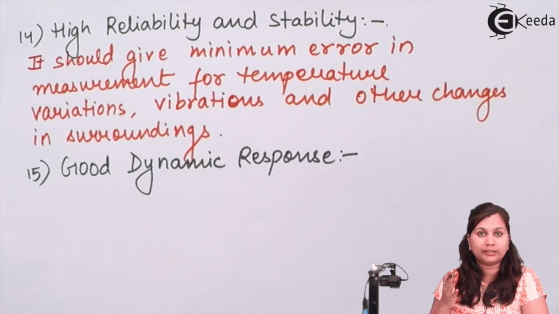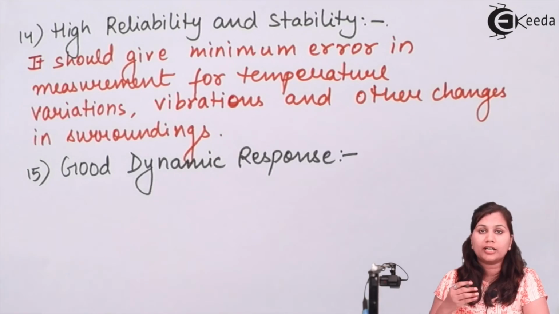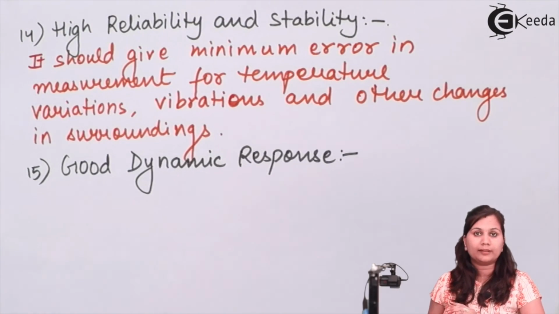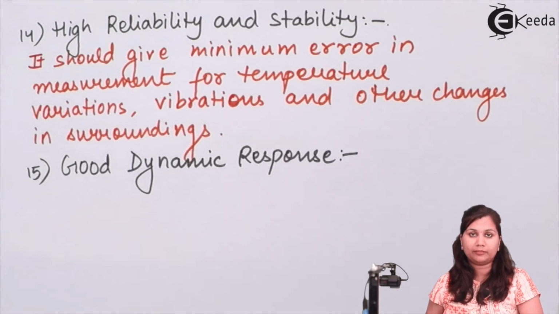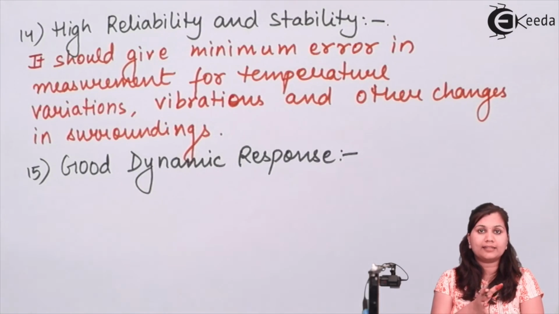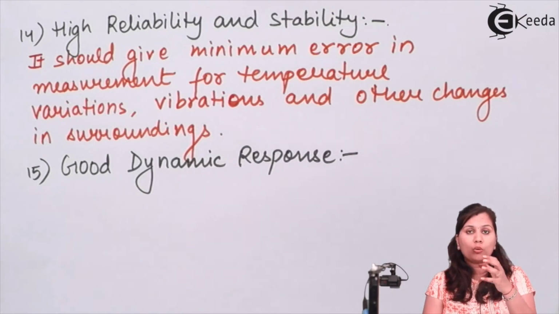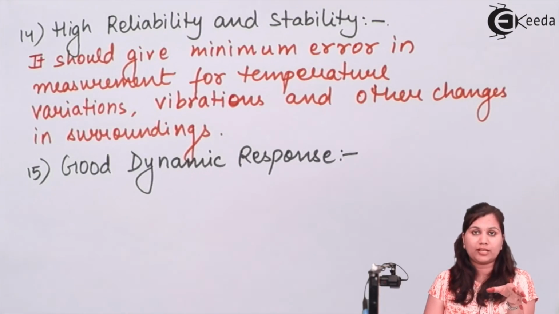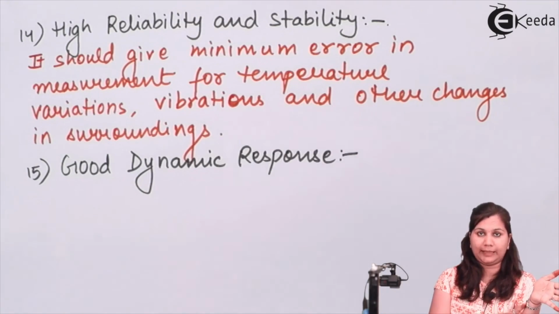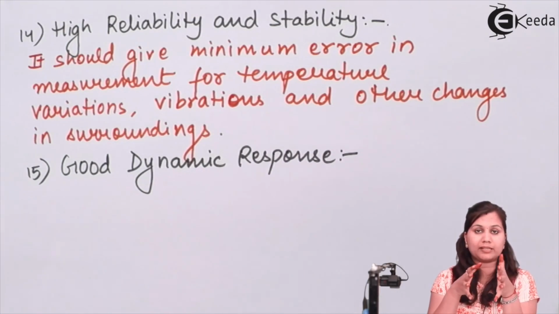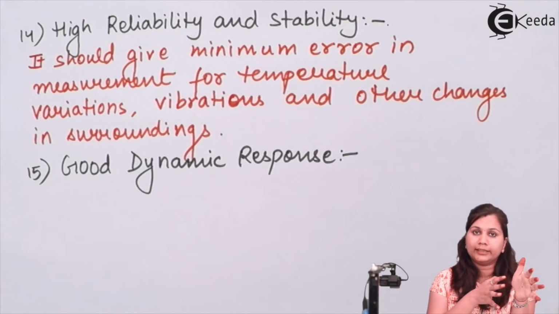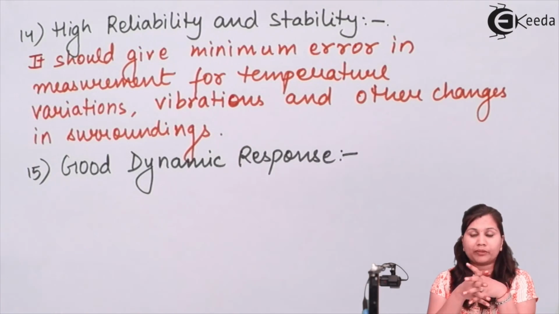It should not decay or diminish to a minimum value as time changes. The quality or performance of the transducer should not degrade with time. It should give a good dynamic response over the whole time of its operation.